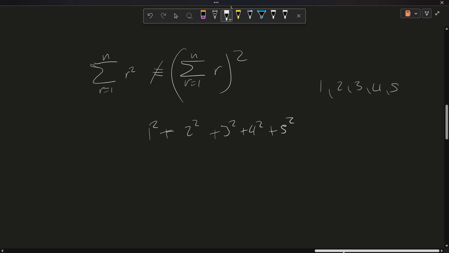You test it for this one, which is just squaring the whole thing: 1 plus 2 plus 3 plus 4 plus 5, squared. This one is 15 squared, 225. This one, it's below 100, I think. Yeah, it's 55.